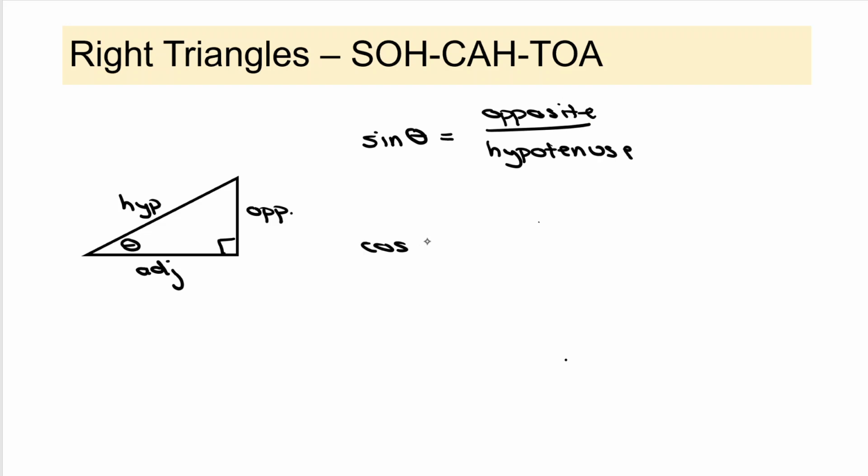The cosine of theta is defined as the length of the side adjacent to theta divided by the hypotenuse.